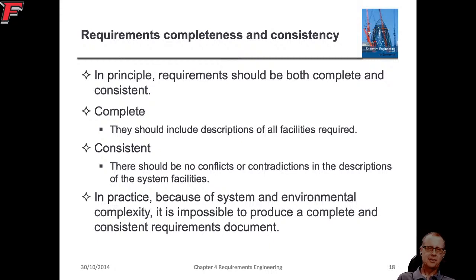As I think I've said, a lot of systems I've worked on, it has been very hard to get a 100% complete requirements document. It's much easier to get a consistent set of requirements on the requirements that you do capture. And as it says there, in practice, it's impossible to produce a complete and consistent requirements document.